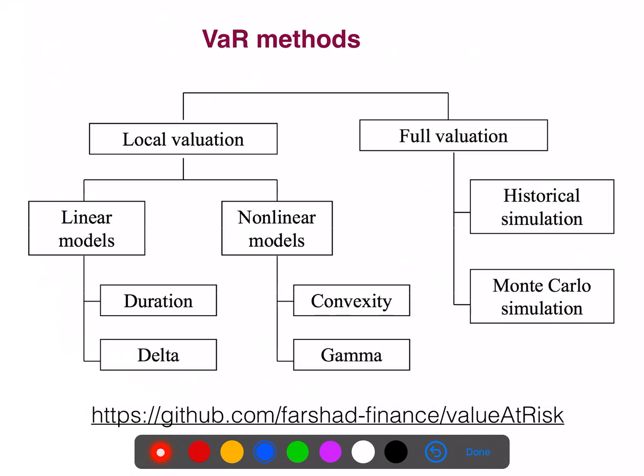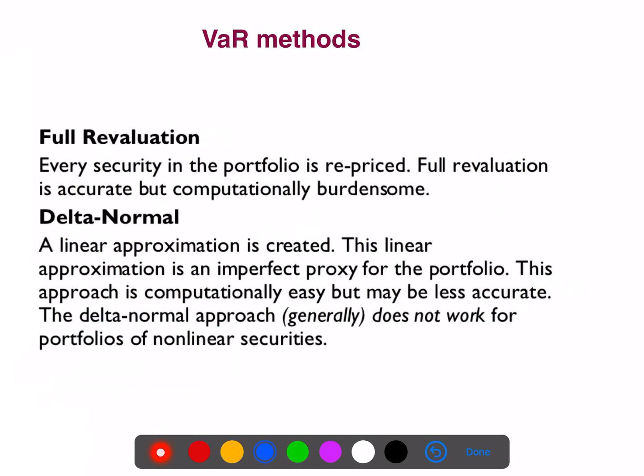Okay, so we have different methods for VaR, value at risk calculation. One of them is the historical method, the other one Monte Carlo. And here, for example, is the variance covariance approach, which is very common because it's very simple, and it's very similar to the way you use in Markowitz. And we have full revaluation and delta normal.